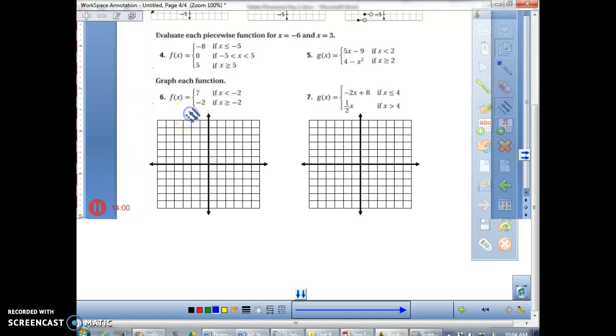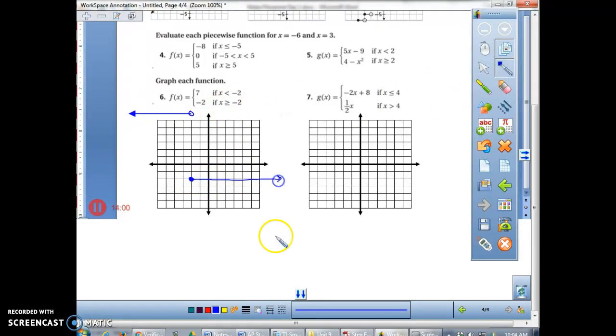We're going to start here, and I'll come back in just a second and put the little, there we go. And then the little hole will be what? So y is 7 when x is less than -2. Y is a -2 when x is greater than or equal to -2. So I'm going to come down here, put a hole, I'm going to bubble it in because the equality symbol is there, and then it goes to the right, just like that.